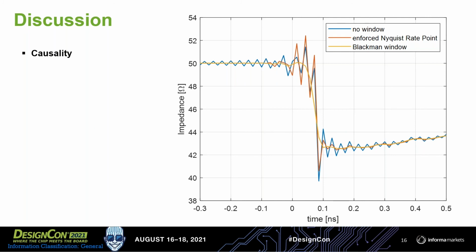And then I have a third one, which is where I enforce the Nyquist rate point first. The Nyquist rate point is, if you were starting in the time domain, the last point in frequency, when you convert it to the frequency domain, will have a phase of 0, pi, or negative pi. That just happens.